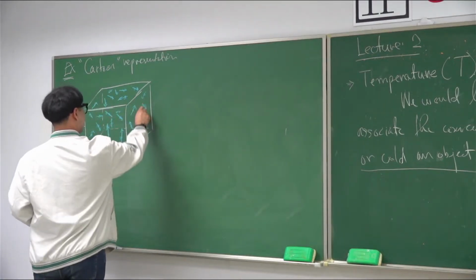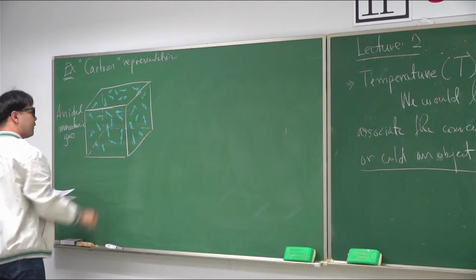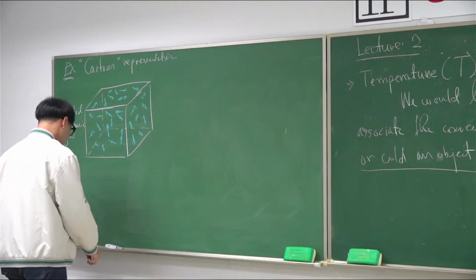The length of each vector represents the velocity of each atom in this cube.